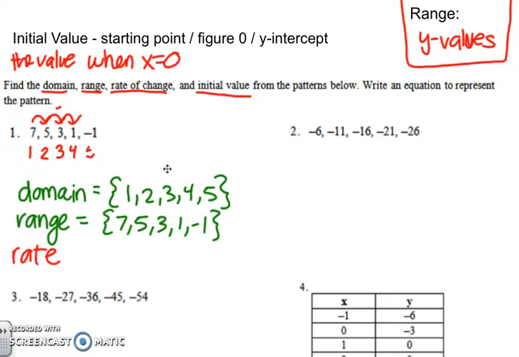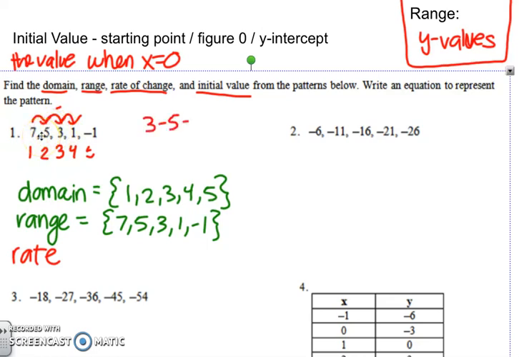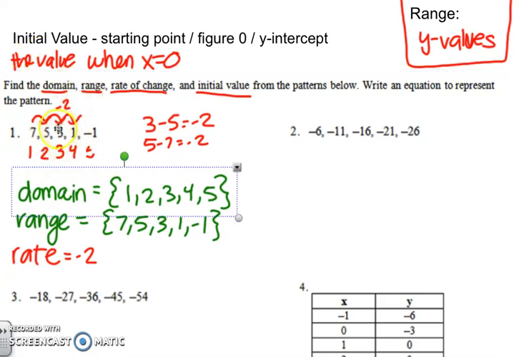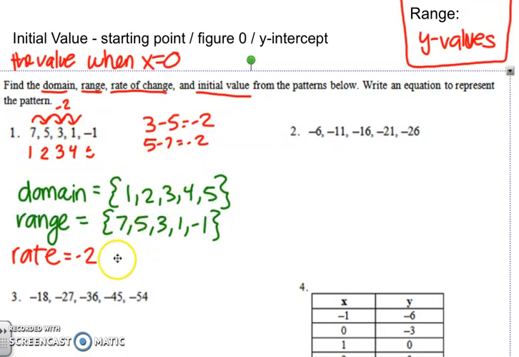And to find the rate, you're going to pick a number and subtract it from the one before it. So I would do, for example, 3 minus 5 and get -2. So that is my rate. I can also check it with another number, for example, and do 5 minus 7. I would still get -2. So to find the rate of change, you pick a number and subtract it by the one before it.